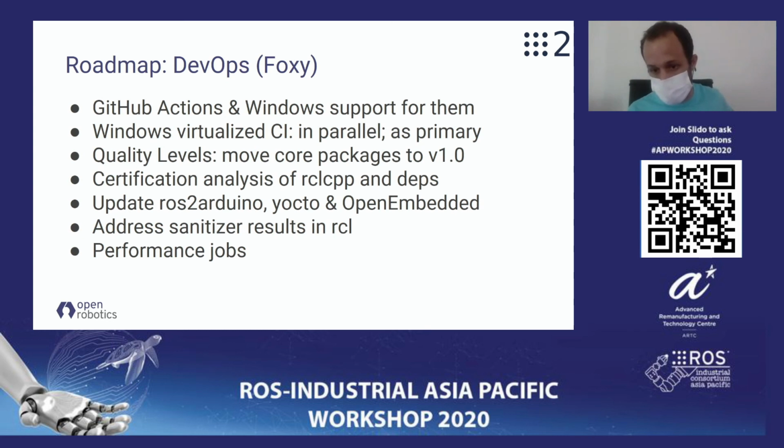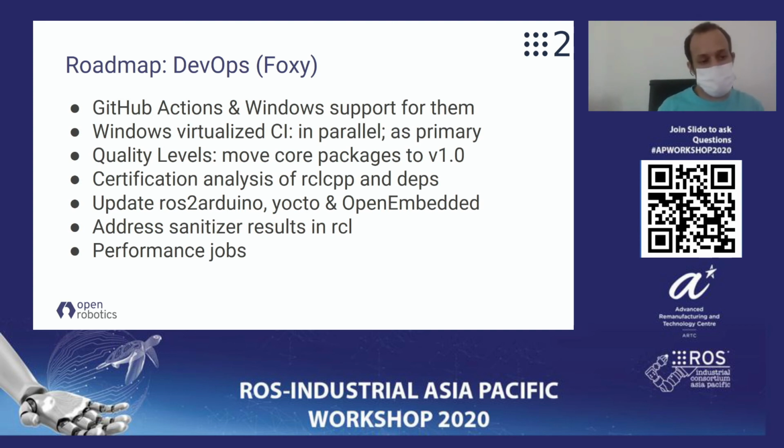Finally, in terms of DevOps, we have ROS Windows support for GitHub Actions, and we have a Windows virtualized CI for jobs. Some quality levels in the core packages have been raised to version 1. RCL CPP and its dependencies have been certified.